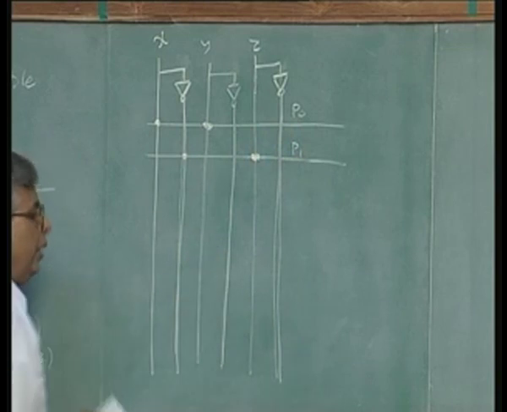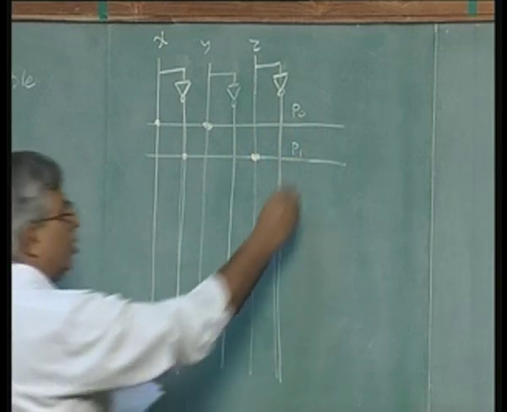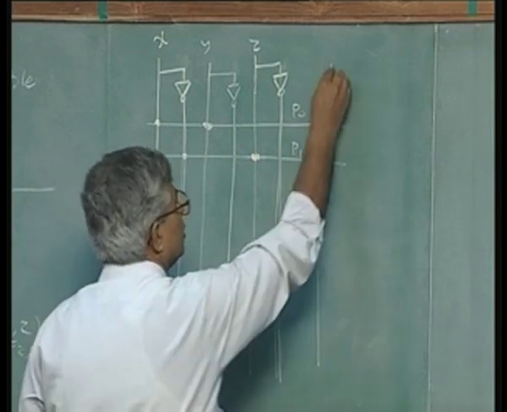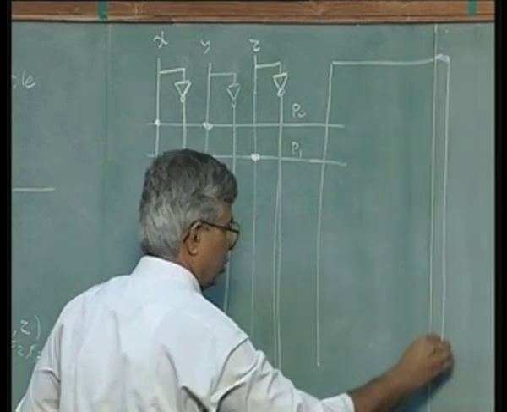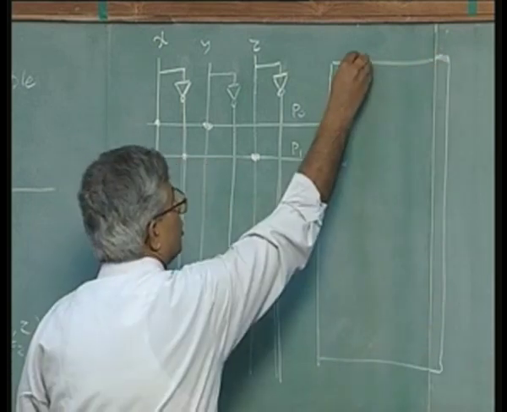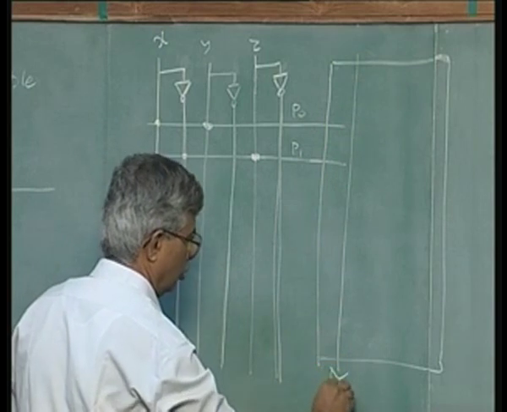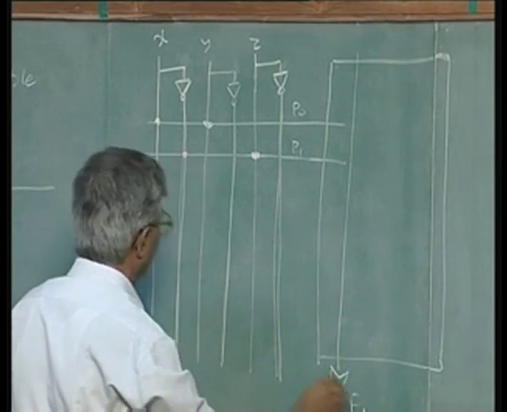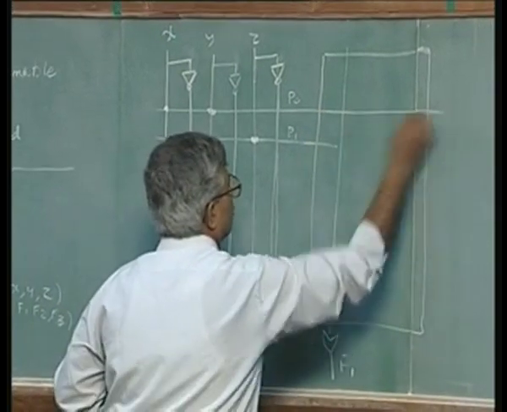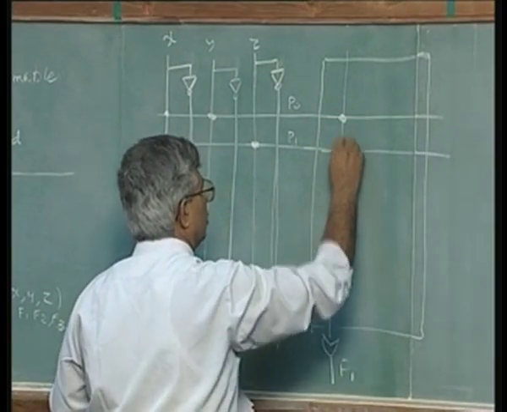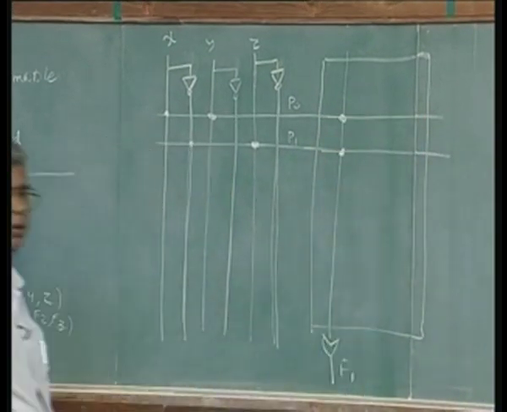So these two should go into my first OR gate. So my OR array, which is a fixed array, F1 will have these 2 functions as inputs.